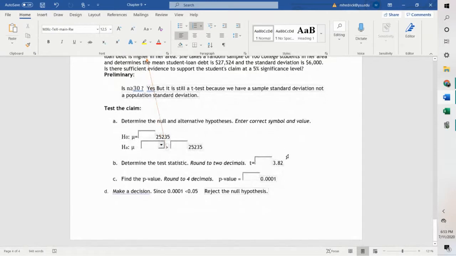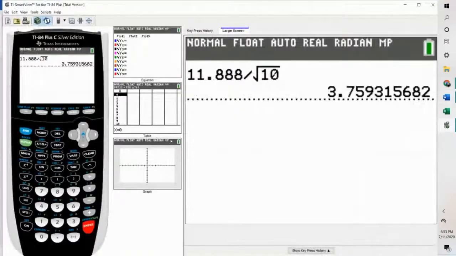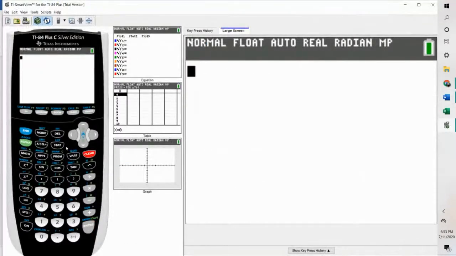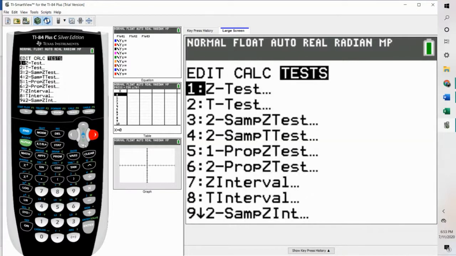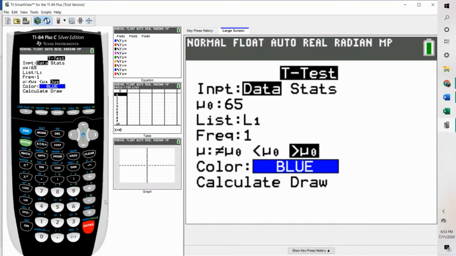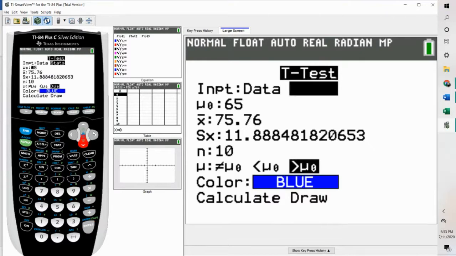To find the t-value and the p-value, we go back to the calculator. There's our screen. Stats, over to test, down to the t-test. Now this time we have the statistics again. And our mean from our hypothesis was 25,235.